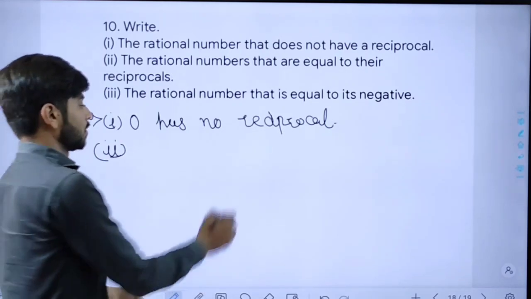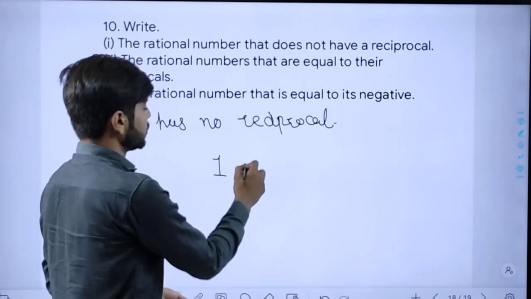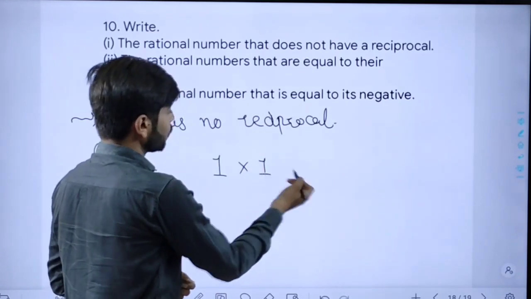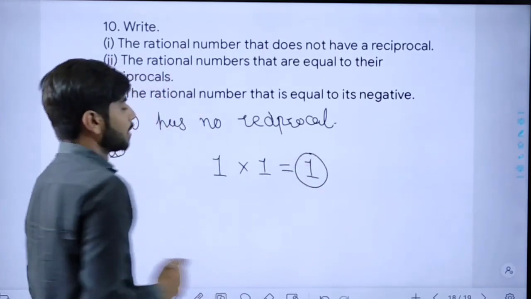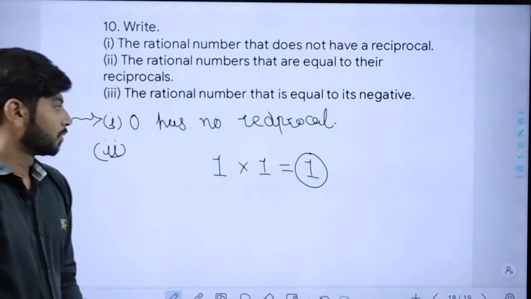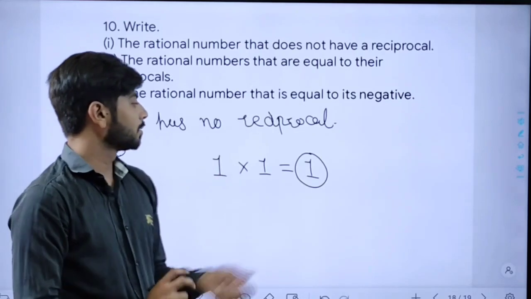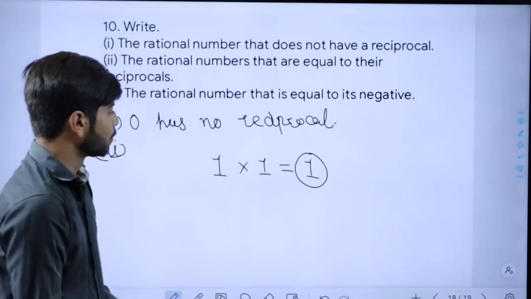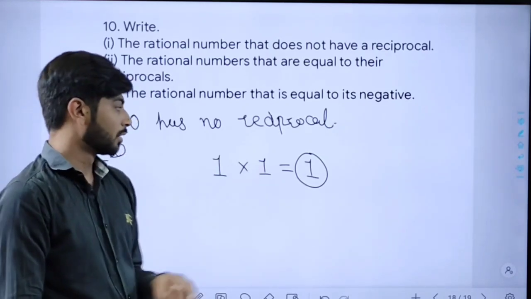You can say 1. If we find the reciprocal of 1, it will be again 1. Reciprocal is the number which, if we multiply with the given number, we get 1 as the answer. So we can see both numbers are the same, so the reciprocal of 1 will be 1.